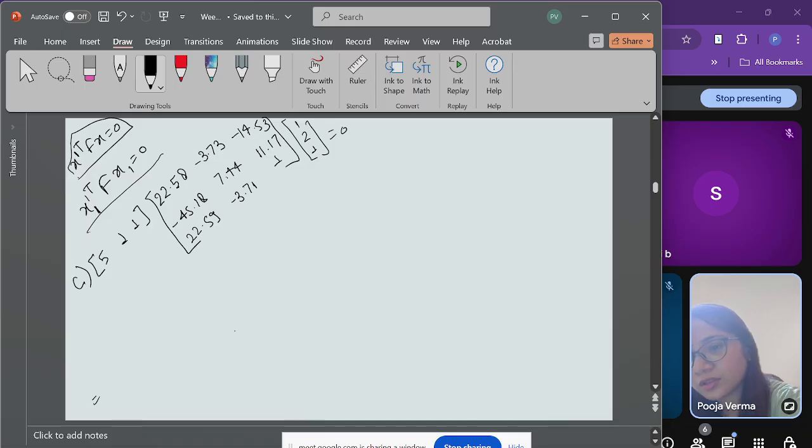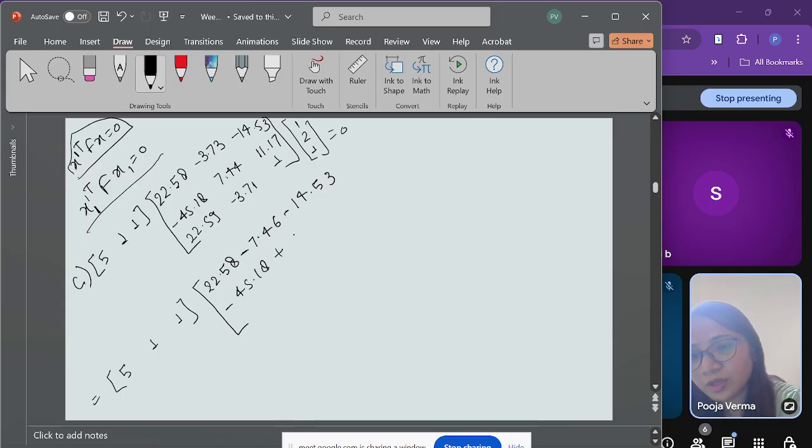Just check for this option as well. 5, 1 and 1. If you multiply these two matrices, you will get 22.58, minus 7.46, minus 14.53. For the next row, minus 45.18 plus 14.88 plus 11.17. For the next one, 22.59 minus 7.42 plus 1.